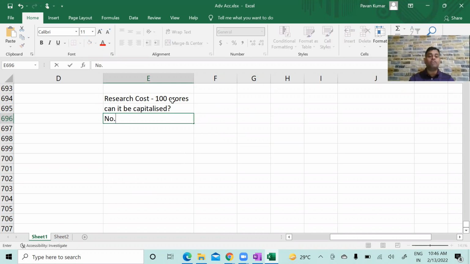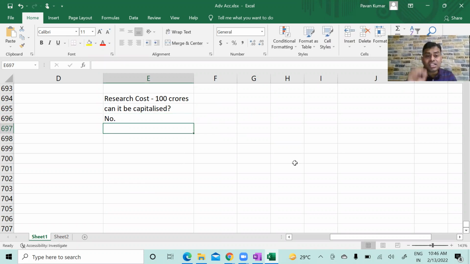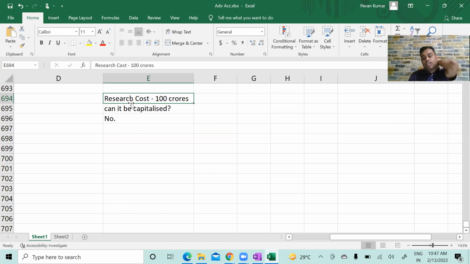The answer is no. Why no? Because research is bringing something new into existence, like innovating a formula, inventing a technology. When you are doing research, there is a high degree of uncertainty involved. Will it be successful or not? You don't know. It is like writing CA exams.